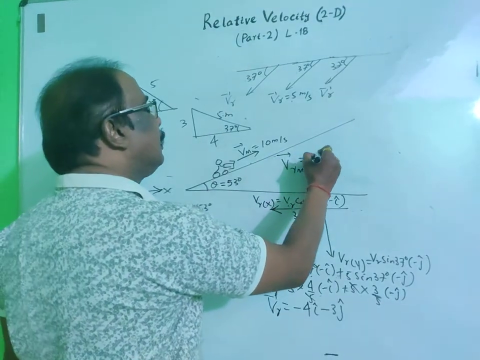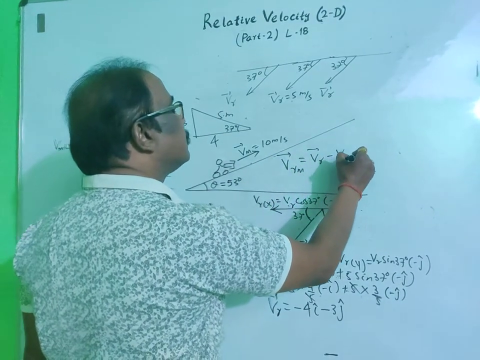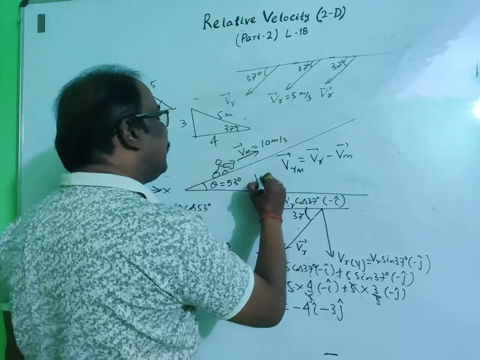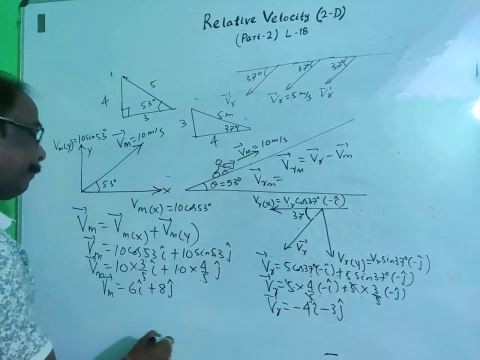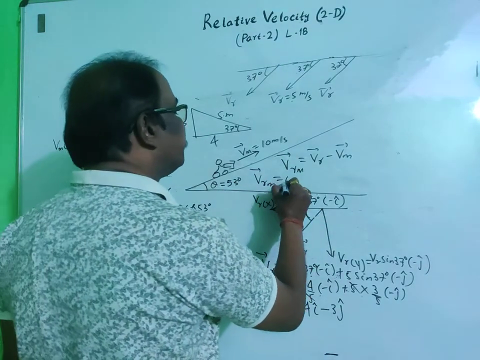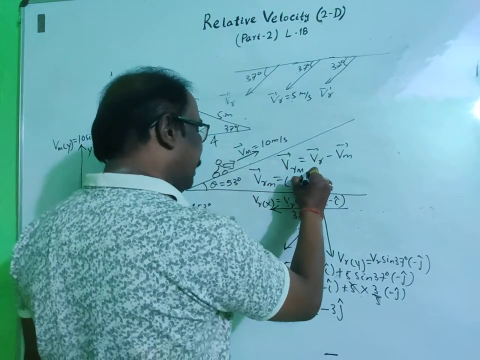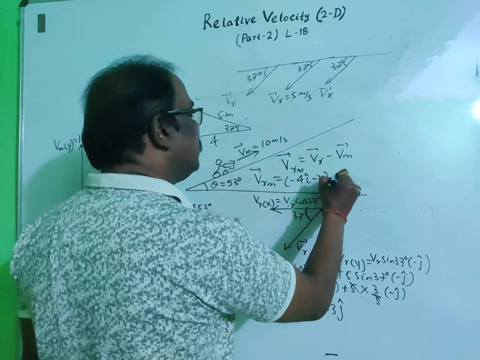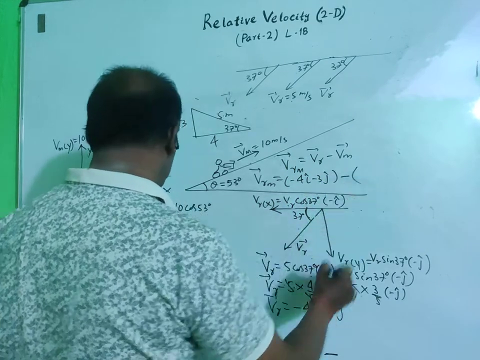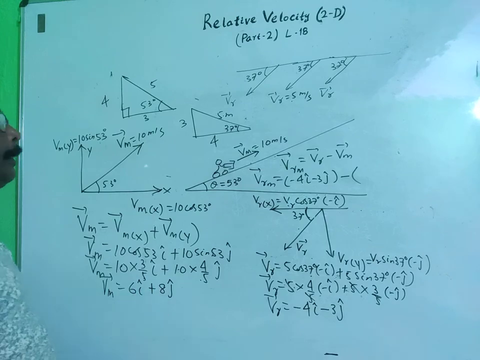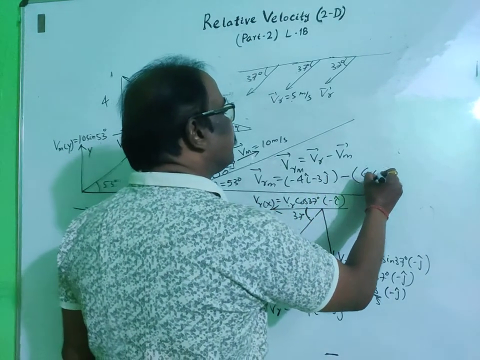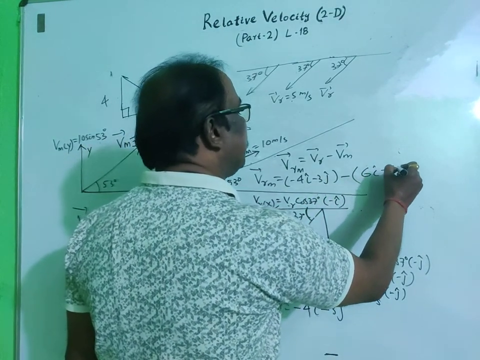Now the conclusion: velocity of rain with respect to man, Vrm, is Vr minus Vm. Vr we have got as minus 4 i cap minus 3 j cap, minus velocity of man, 6 i cap plus 8 j cap.